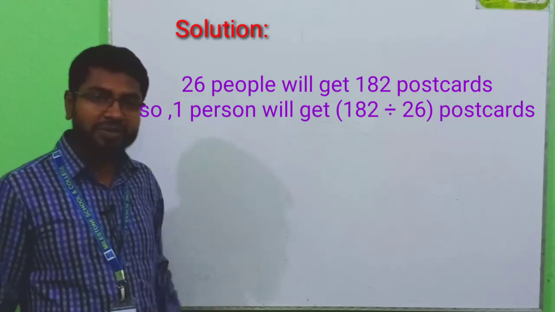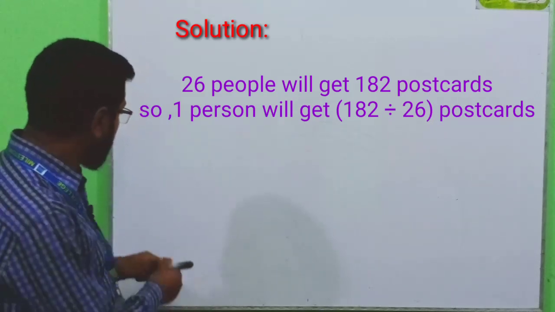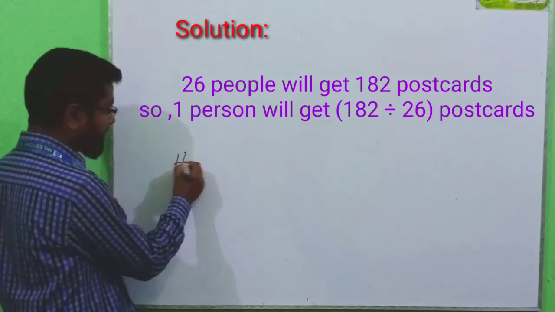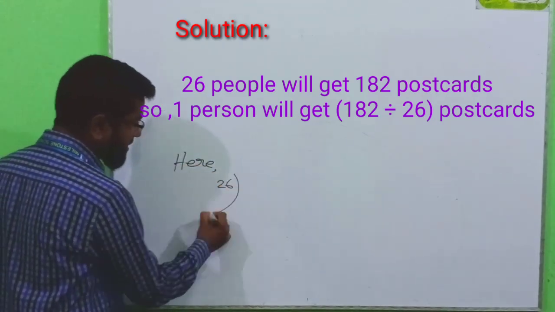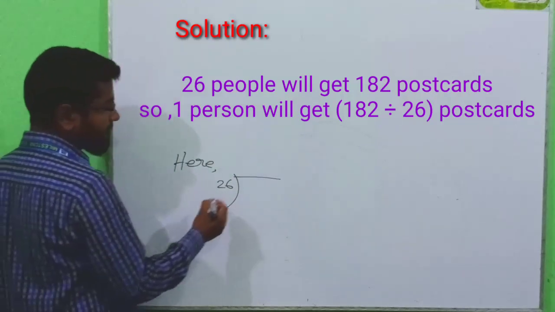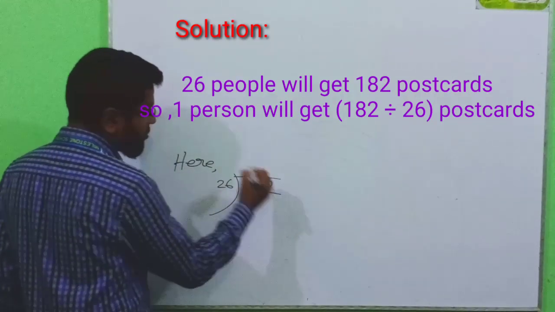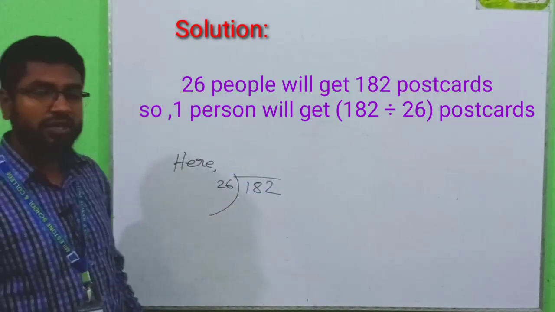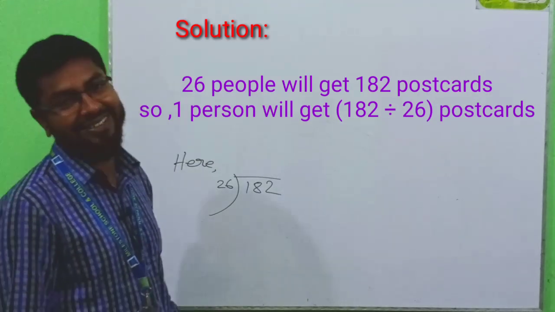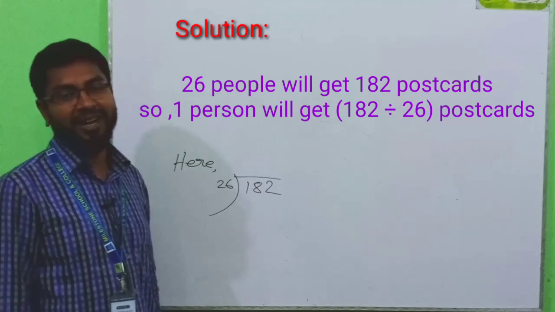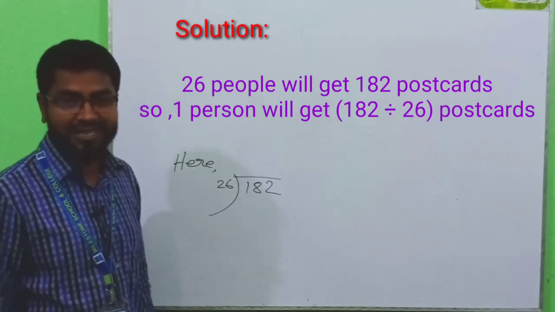So what will it be? We need to divide. So we will write here 26 divided into 182. I need to divide. Do you know the times table of 26? Oh, it is very difficult to memorize.